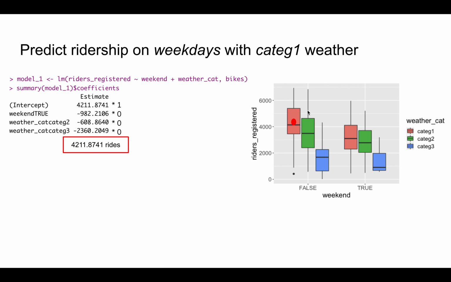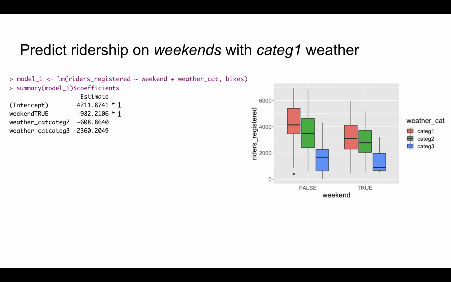Pausing and reviewing this calculation reveals a theme. When using categorical predictors, the intercept, 4,211, the same as our prediction, tells us about the typical behavior of Y, here ridership, at our reference levels. Next, let's predict ridership on weekends with category 1 weather. Building upon the intercept, we plug in 1 for the weekend true variable.